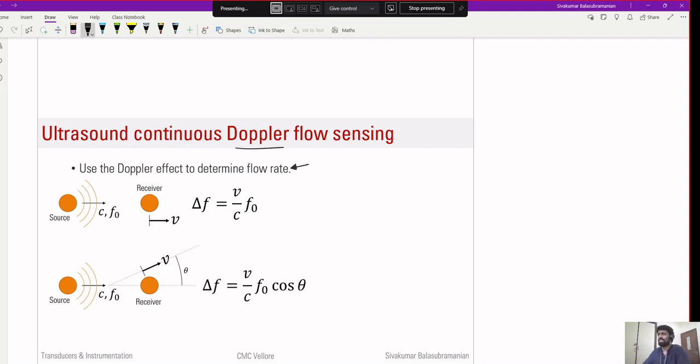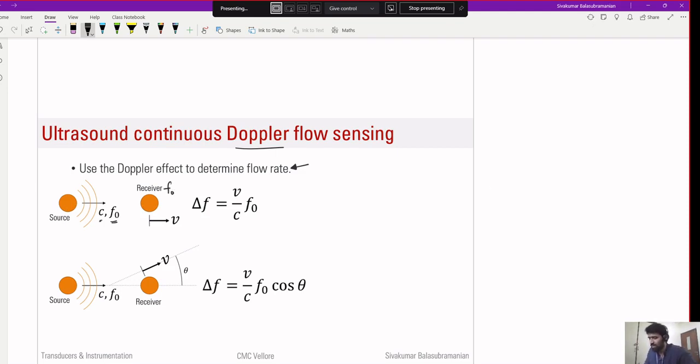So for example, let's say you have a source and a detector. The source is transmitting some waves with some frequency f naught and some velocity c. Let's say the source and receiver are stationary. Then the receiver would receive the signals coming from the source, and if we asked the receiver what the frequency of the incoming signal is, it would say the frequency is f naught.